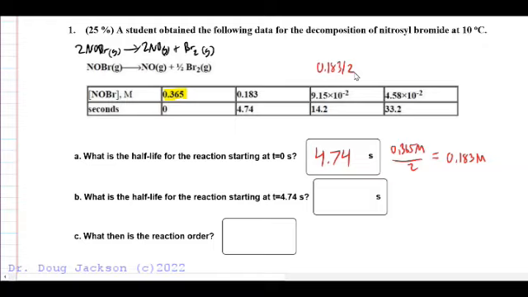And so that's the second data point we have there, the time. But the time's not 14.2 seconds. Remember, the reaction started at 4.74 per part B. What is the half-life if we're starting at 4.74? So we've got to subtract that off from 14.2.